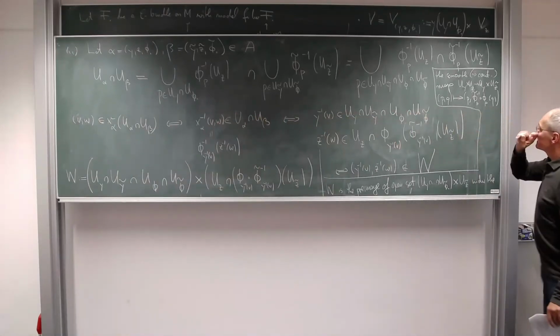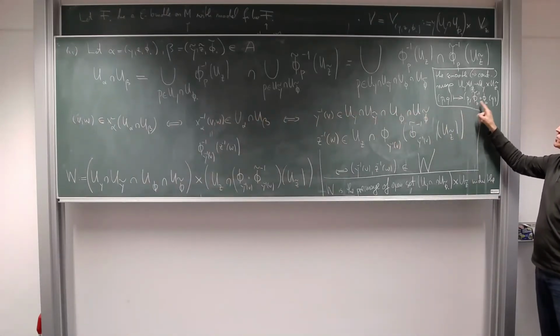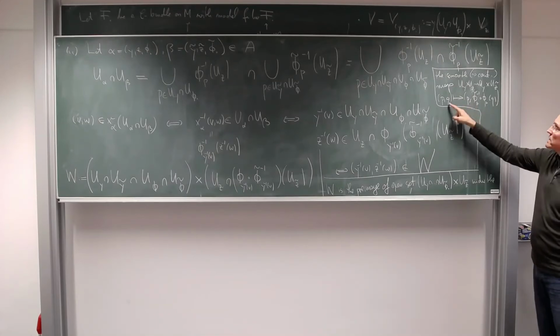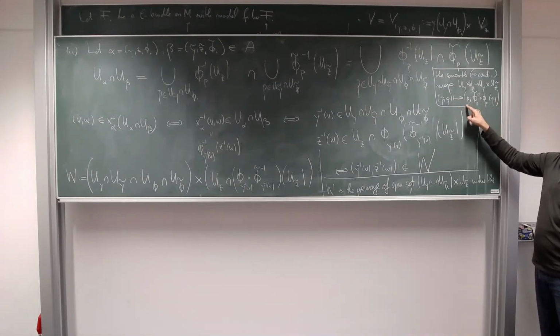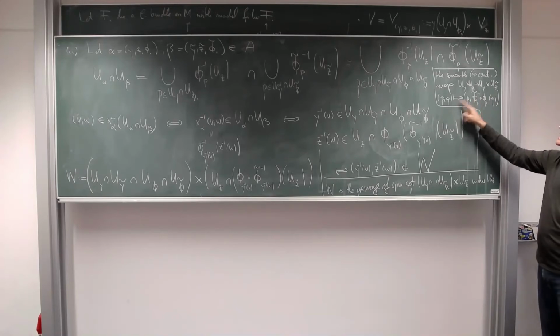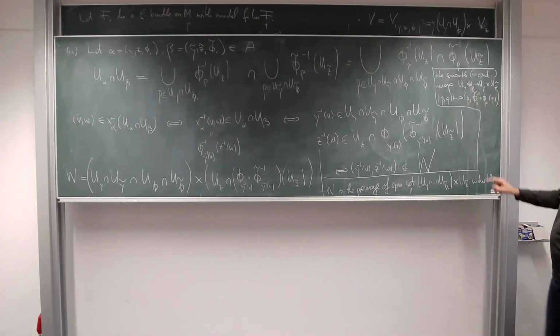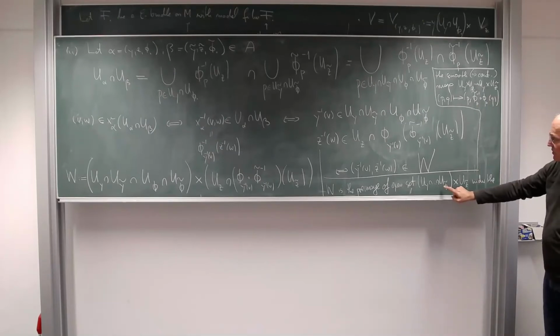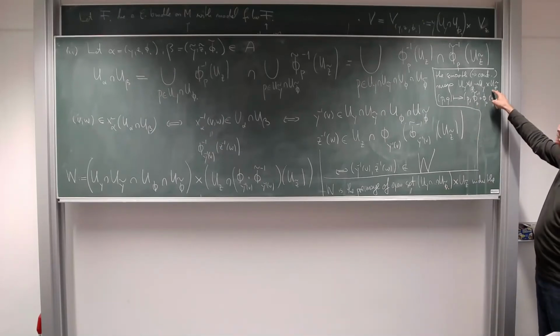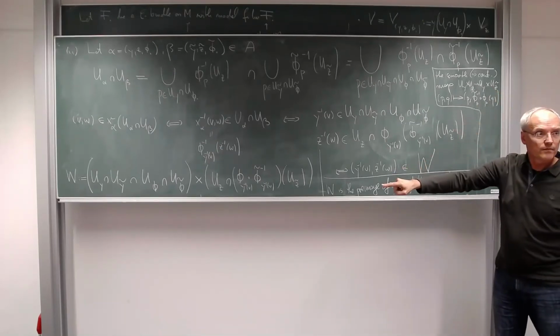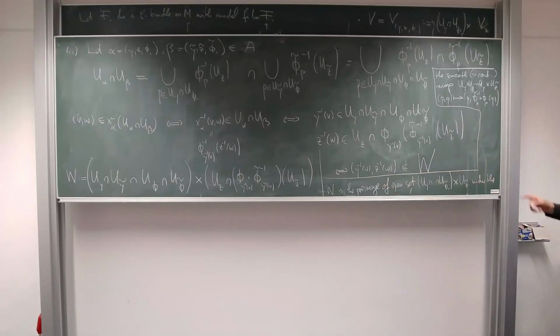And the point here is that the transition between two local trivializations was defined to be smooth in both variables, Q and also in this base point P. So the second component is a smooth map, and the first component is just a projection on the P part. It's also smooth. So this is a smooth map from this set to that set. And if you look at the pre-image of this subset in here, then you get W. But since this is an open subset, it's a pre-image under a continuous map.